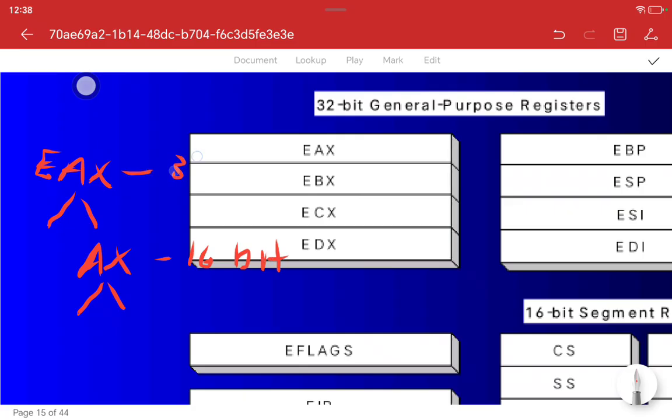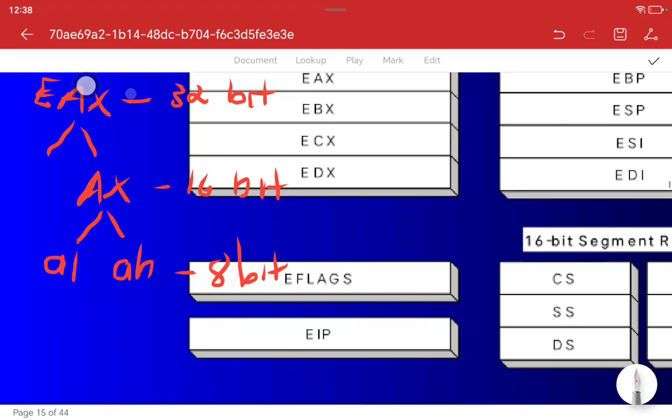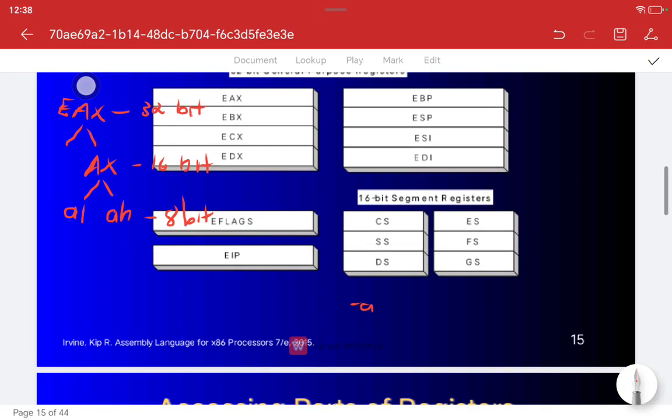This is 32-bit. And then the AX will produce AL and AH, the low and high. These are the 8-bit registers. So now let's say this AX, let's say it's like this.